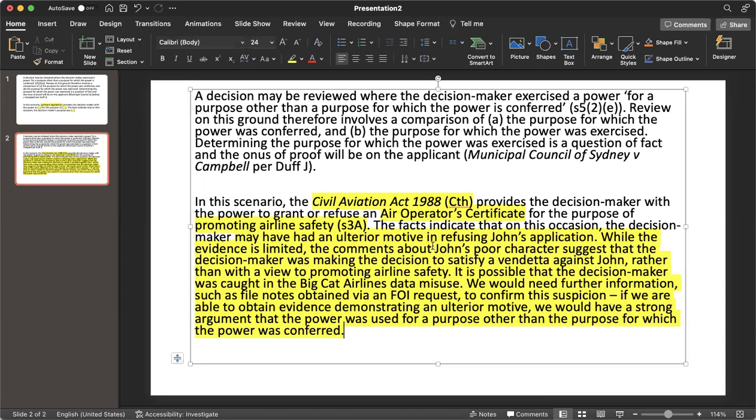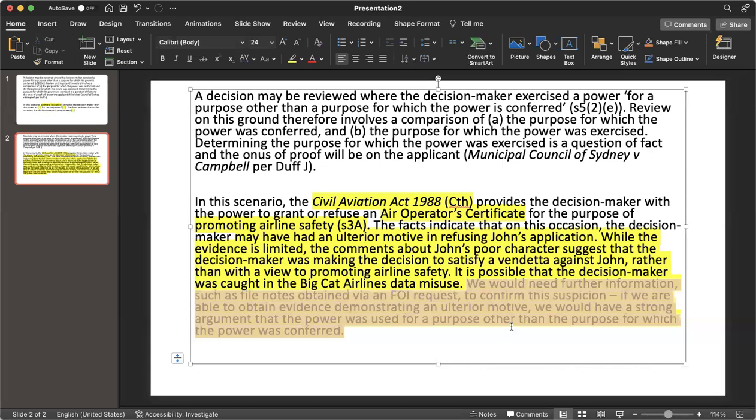There might be some kind of ulterior motive, and as we've identified, it's the comments about John's poor character that suggest that there's something else going on. However, we are not operating in an environment of perfect information, so we don't necessarily have the evidence that we need to satisfy the requirement per Municipal Council of Sydney. And so what can we do? Maybe it's an FOI request, to try and get some more information about how the decision was made. Maybe we argue that the reasons weren't quite good enough or quite clear enough.